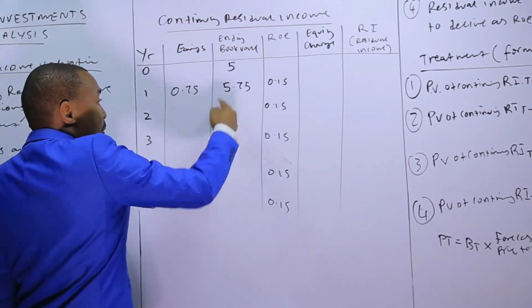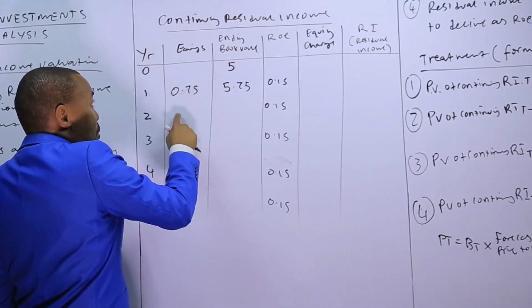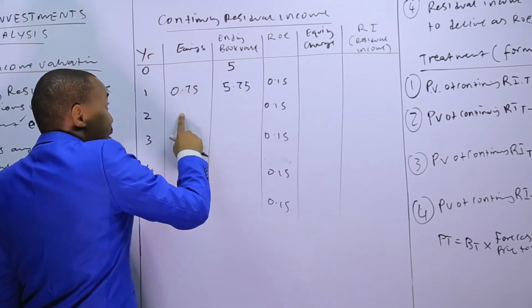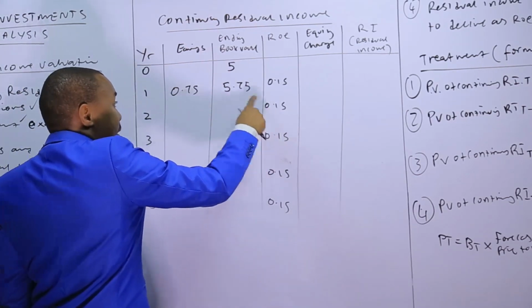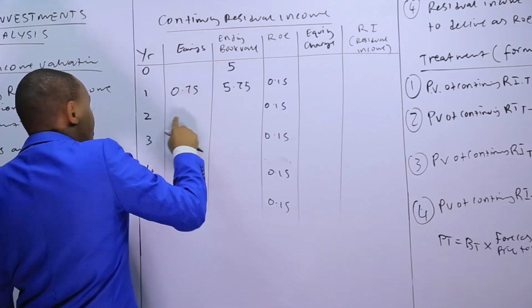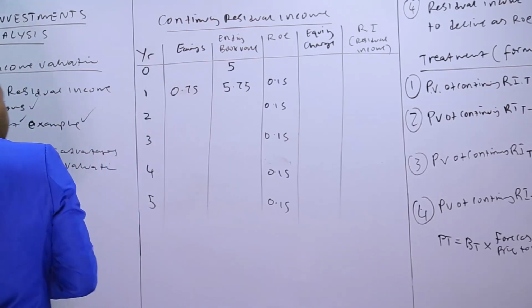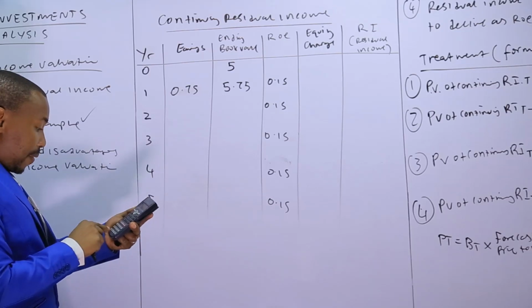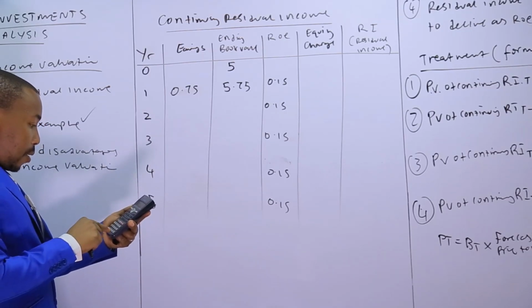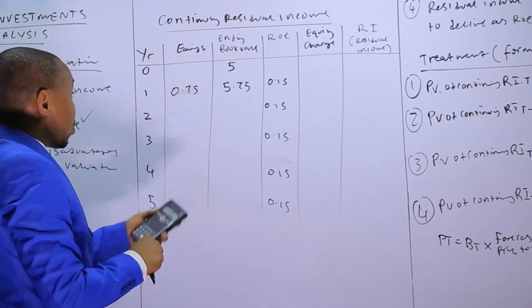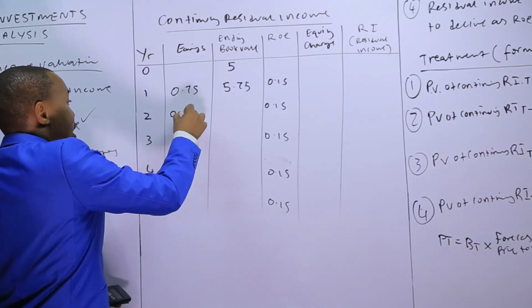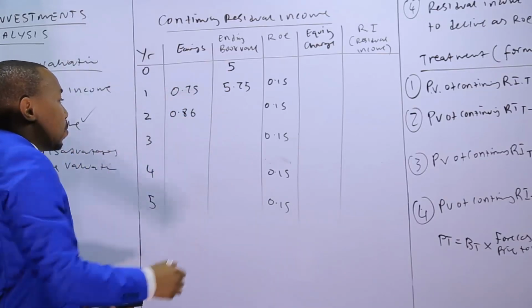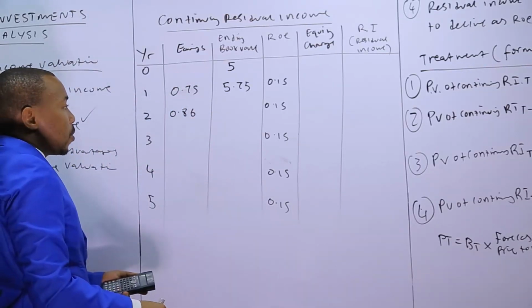Now, just as we have done it, we need to get these forecasted earnings. The forecasted earnings is just 0.15 times 5.75. We have 0.8625, 0.86, let's put it like that, 2 decimal places for consistency purposes.